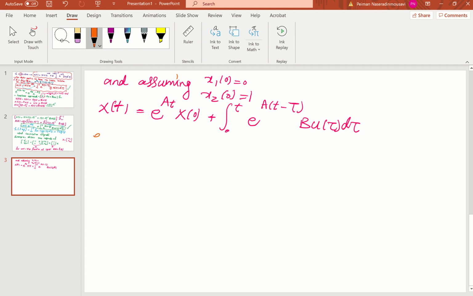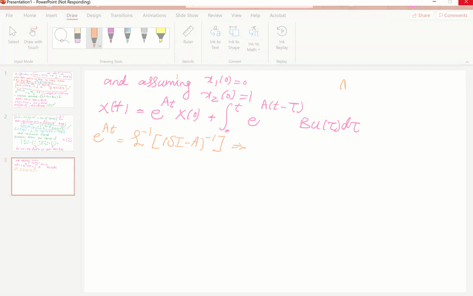So first we have to find e^(At). e^(At) is the Laplace inverse of (sI minus A) inverse, as I taught you. So sI minus A is what?